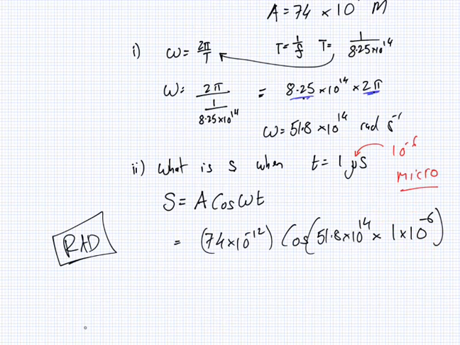What do you get? It's very easy to make a mistake here. Please remember to put your calculator in radian mode. It's usually something like shift and mode.